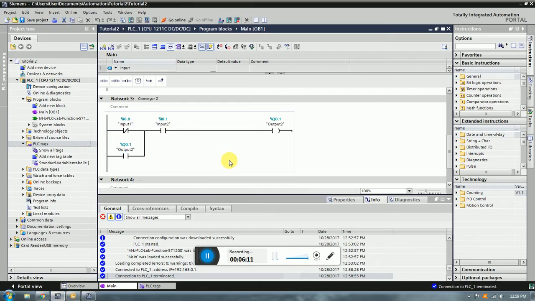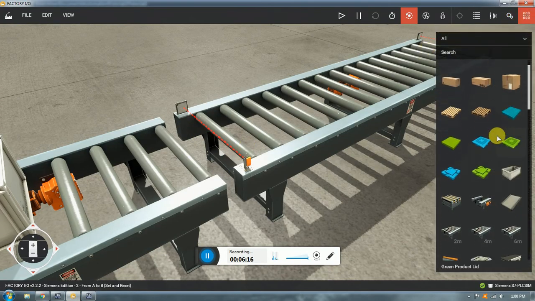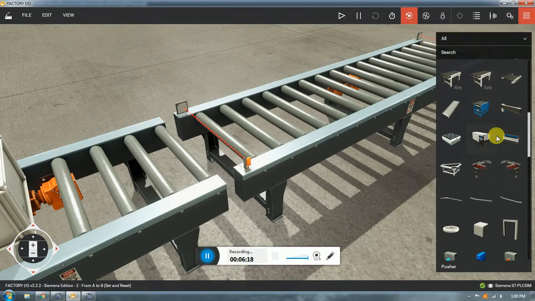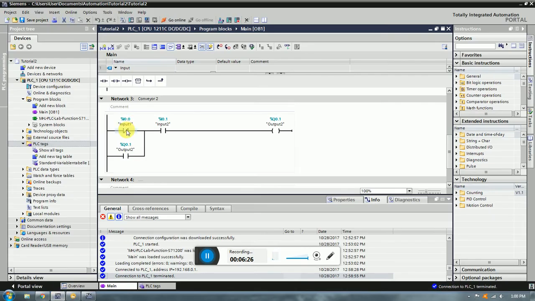So it has to be the opposite. If instead of this type of sensor we were using, for example, a diffuse sensor, which is normally open, then you would have to put the opposite thing here. You have to put it as normally open, and this one should be normally closed, which is the opposite of these kinds of sensors.